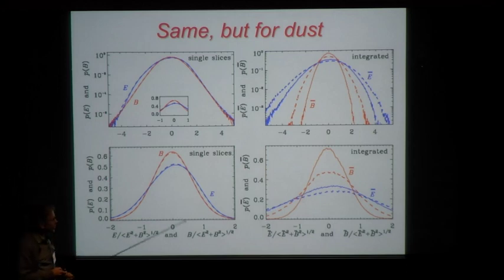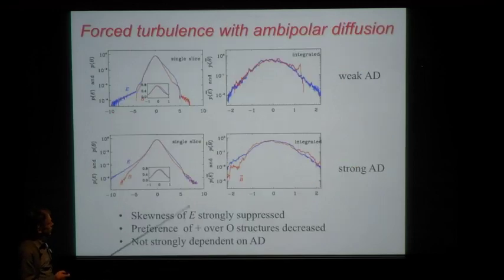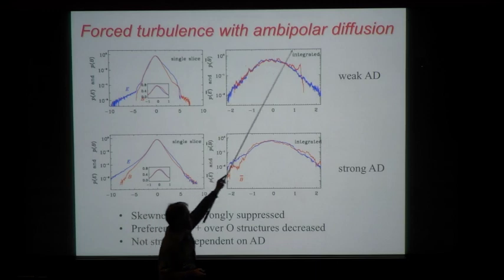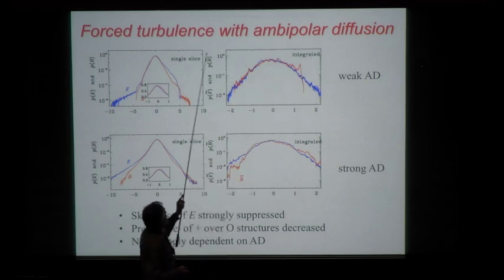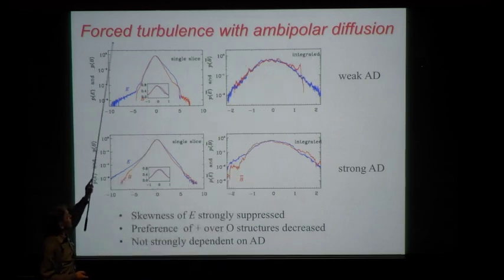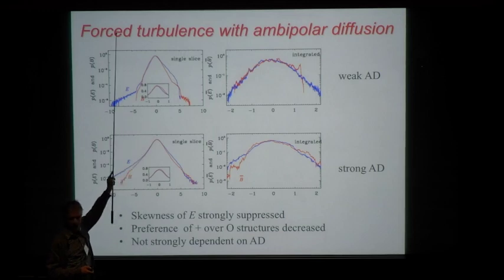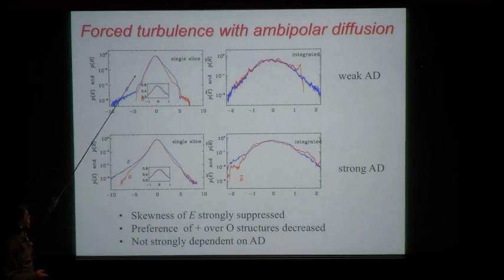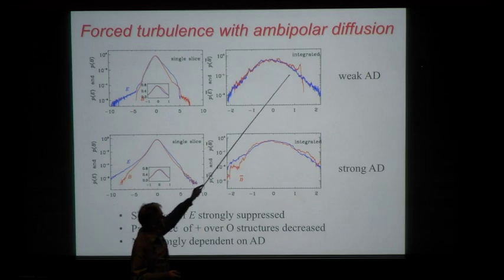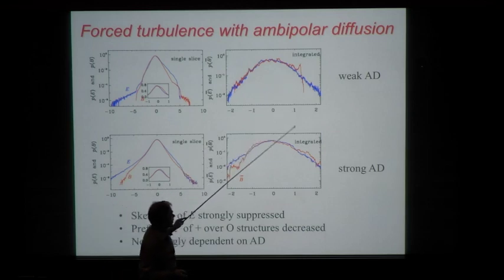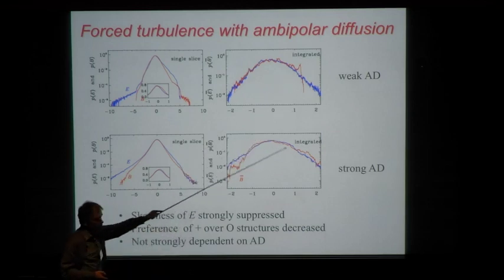So the reason now, and here are some other examples of turbulence, in this case with ambipolar diffusion, but the important difference actually in this case, it's no longer decaying turbulence, it's actually forced turbulence. So again, we see in individual slices an excess, but in the integrated patterns, it actually is no longer so extreme.